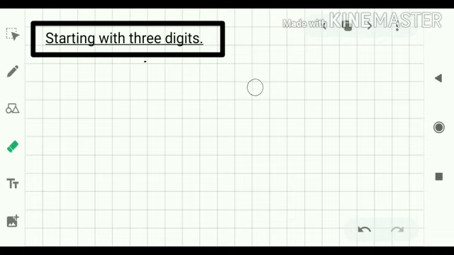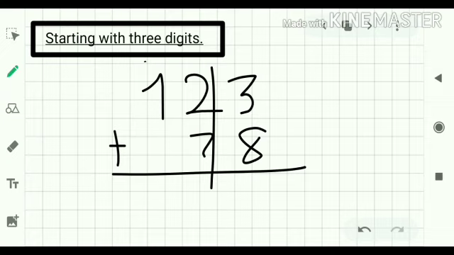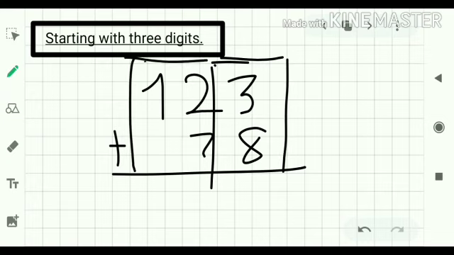So for example, I have 123 and I have 78. If I separate this, now these two become two separate sums, or say two separate quantities. So now we'll add 12 and 7 and 8 and 3 separately.